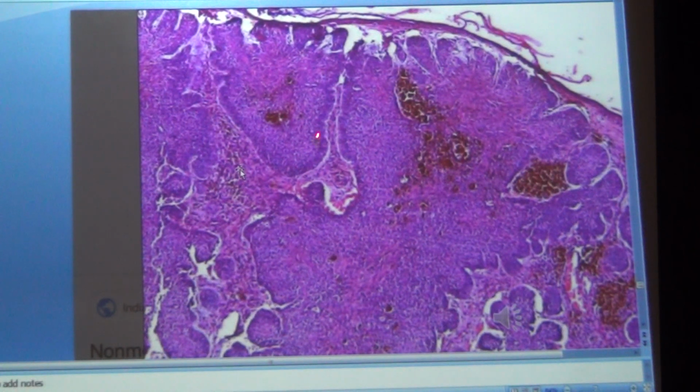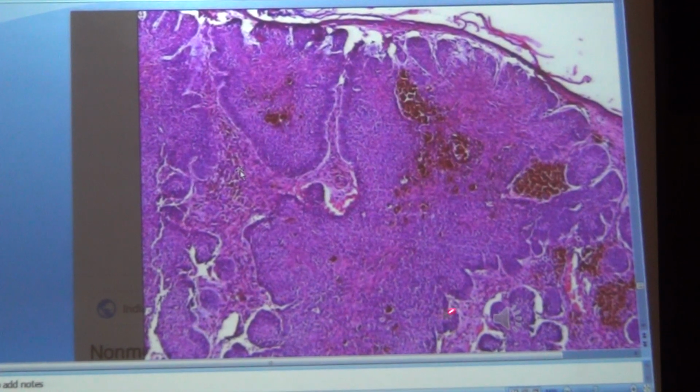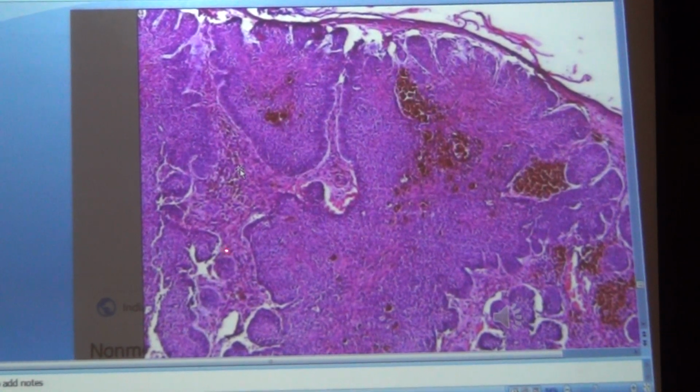Again, a big island of tumor cells is invading the dermis, and the palisading is very prominent.